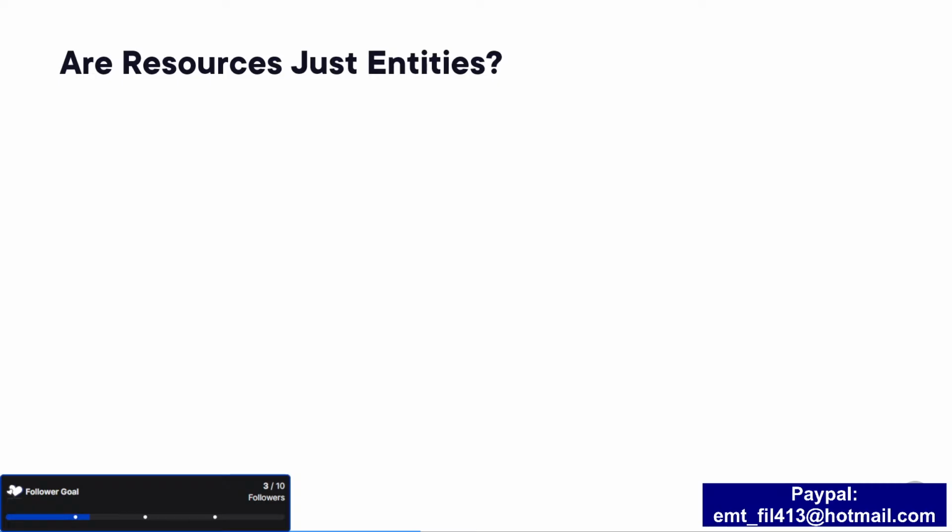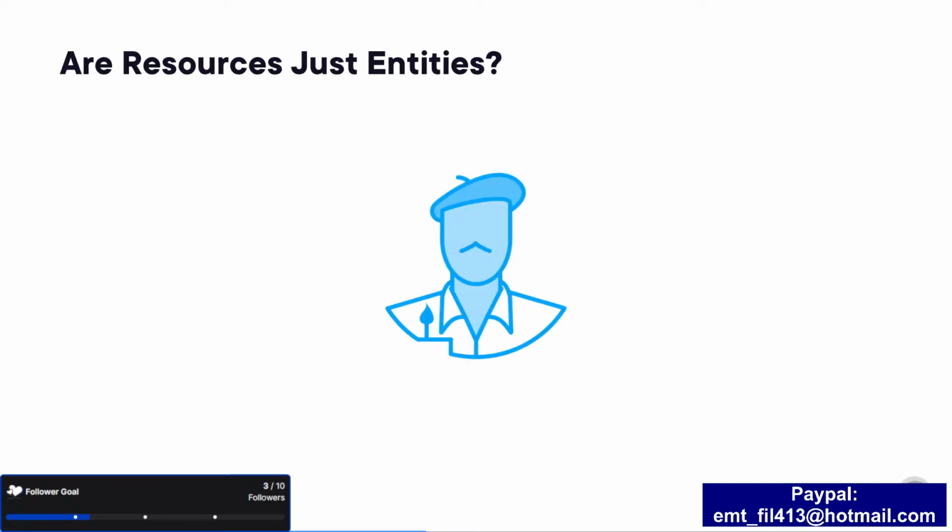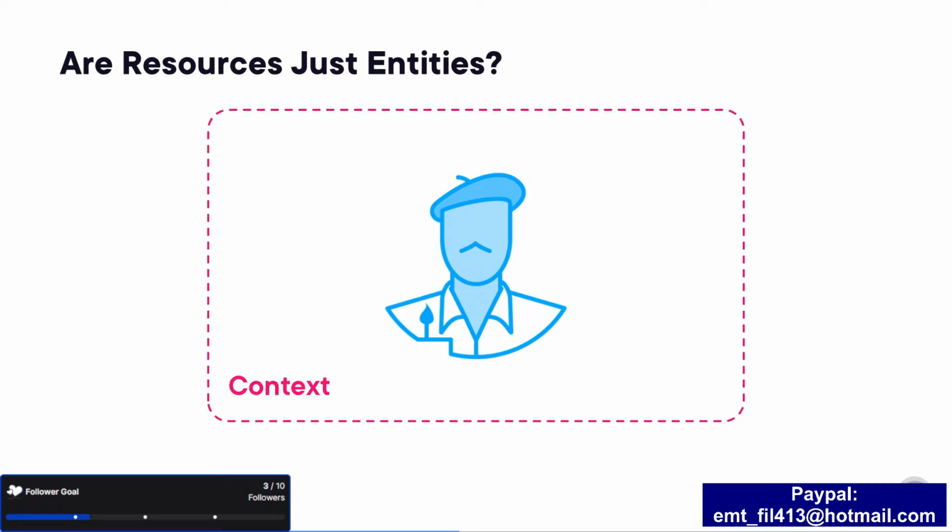So when you look at that, you might think, oh, each person is just an entity in some data store. Especially if you come from certain worlds where you're using ORMs, you think about this one-to-one modeling, but it's not really true. So it could be a person, but the resource itself has some context around it. And I don't mean in the domain-driven design notion of context, though they're similar.